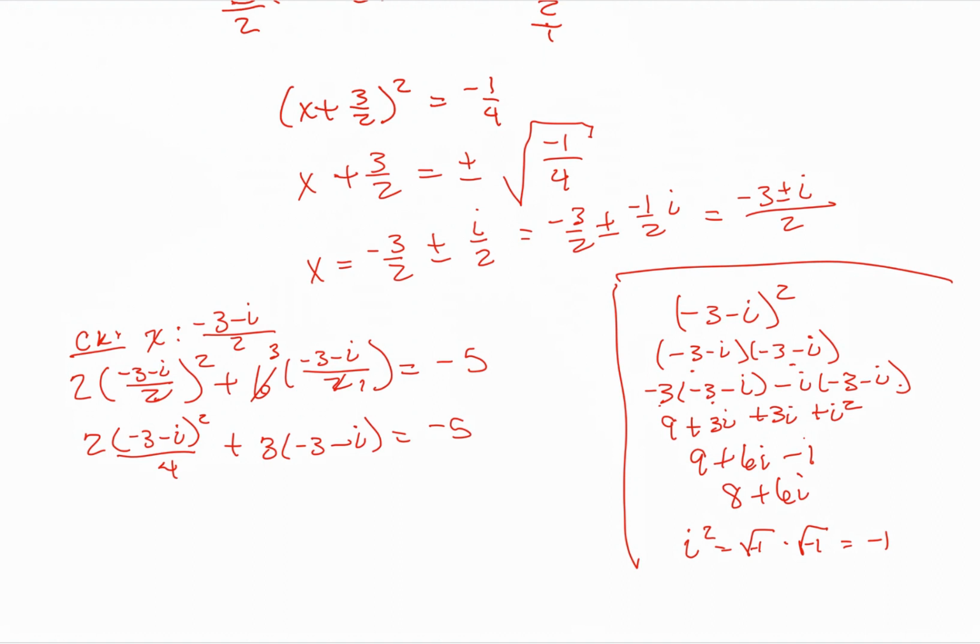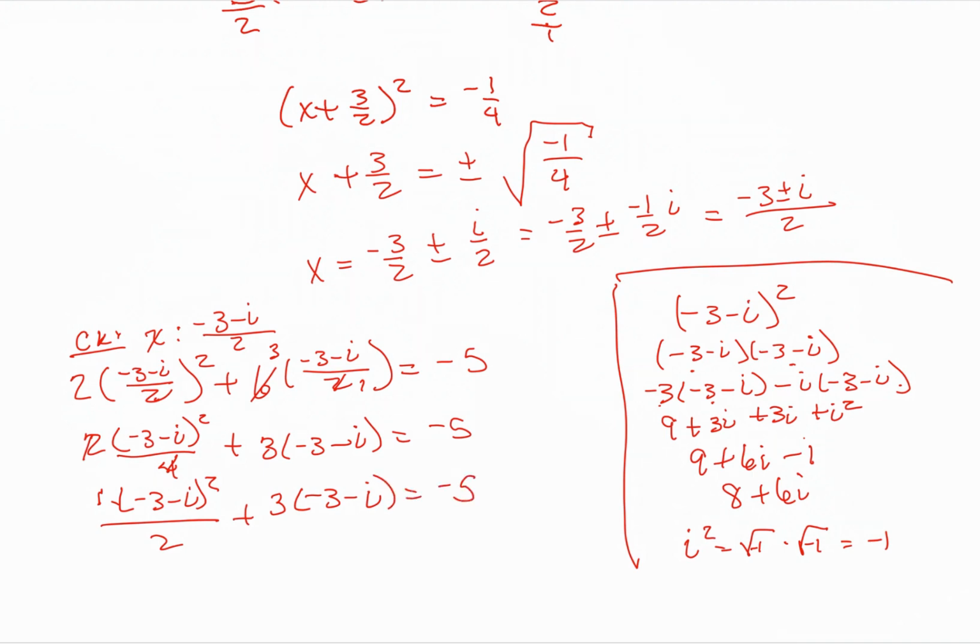Now we're going to go back over here. So we have here, the 2 cancels with the 4, and we're left with 1/2 times (negative 3 minus i) squared over 2 plus 3 times (negative 3 minus i) equals negative 5.